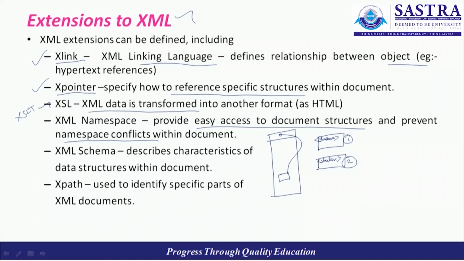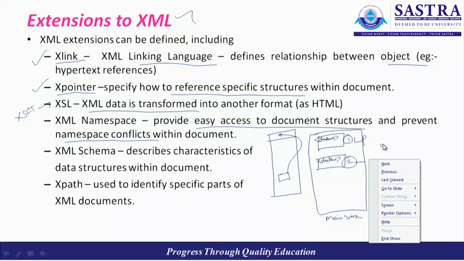If both of us are connecting to one particular XML document, this is the main XML document. So within the main XML document, we have two XML elements: student created by me and one more student element created by someone.